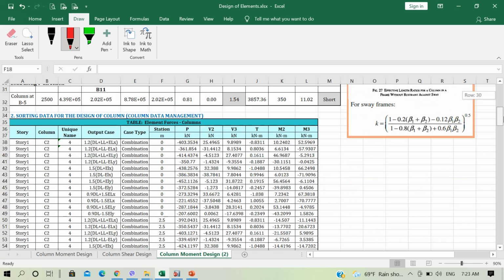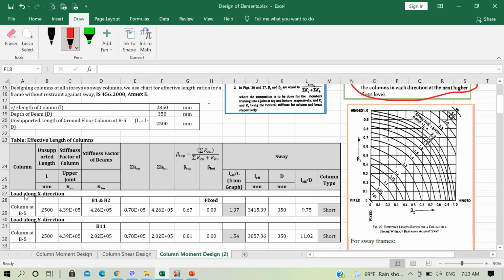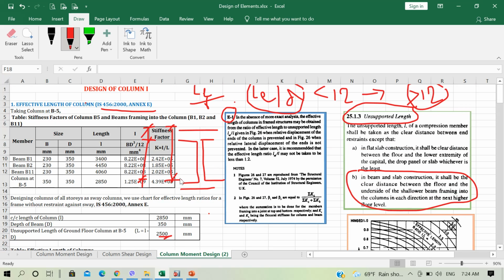So let us go to my table itself. Here first we check along the x direction and we check along the y direction. Column is the same. Now our unsupported length will be 2500 mm from here. Stiffness factor for column we take from our table above. We calculated our stiffness factor here for column and for 3 beams.